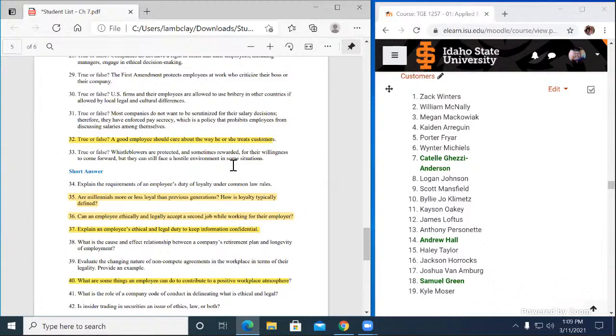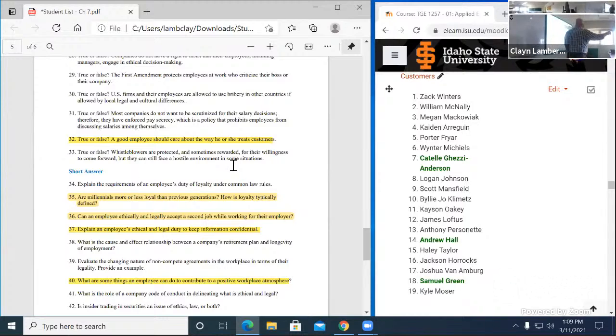And if this doesn't get handled properly and your employees just keep treating customers poorly, then eventually you're going to run out of customers and your company is going to go down.